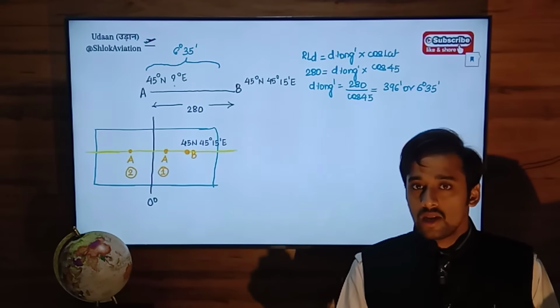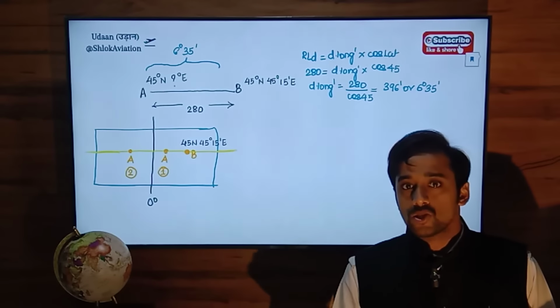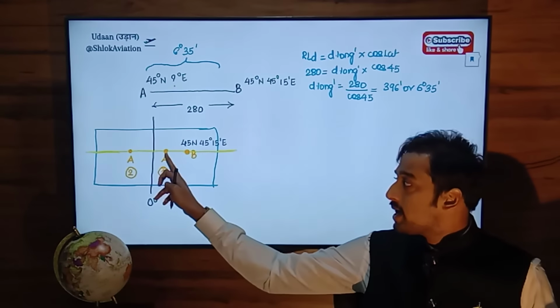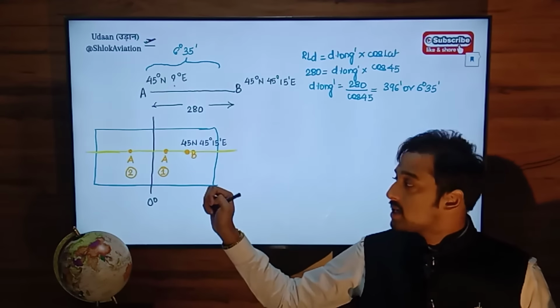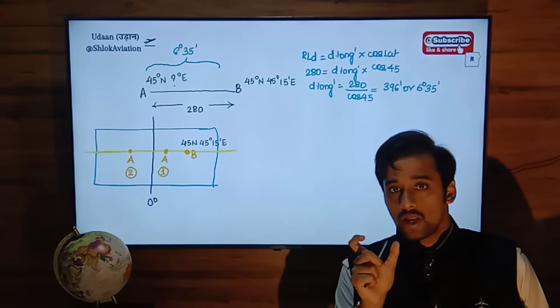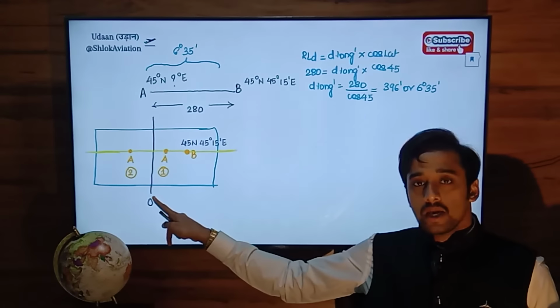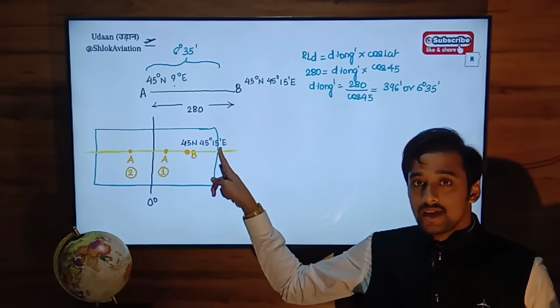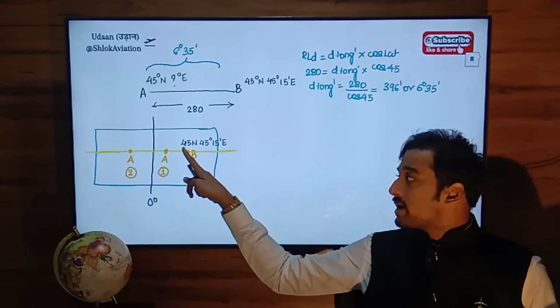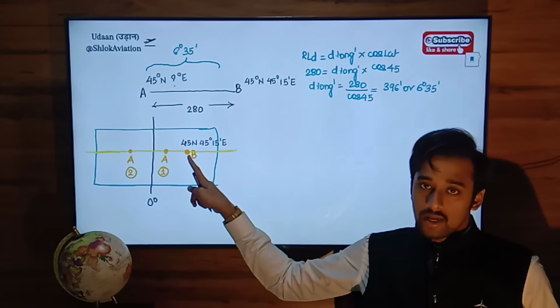Okay, so this d long of 6 degrees 35 minutes is too small for point A to be in the western hemisphere, because the difference in longitude between the 0 degree meridian and B, which is at 45 degrees east, is 45 degrees 15 minutes.